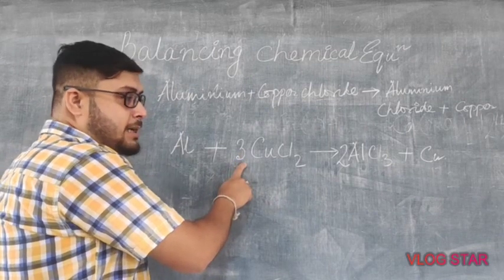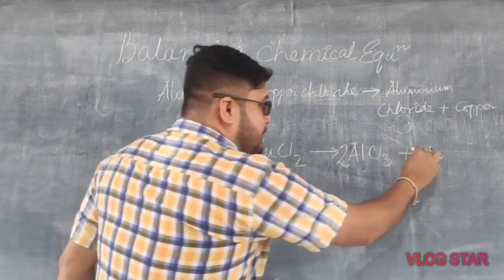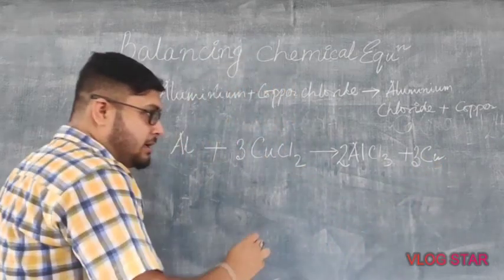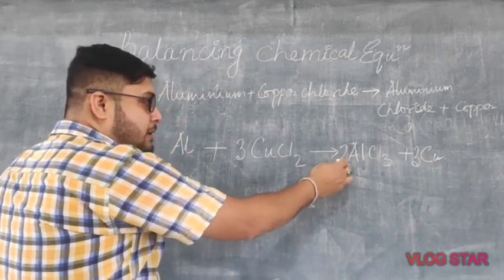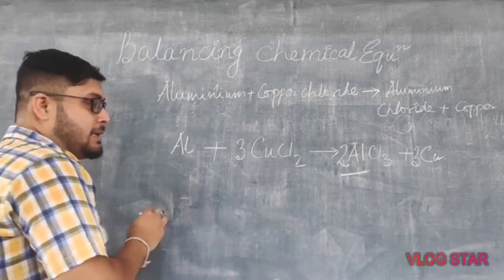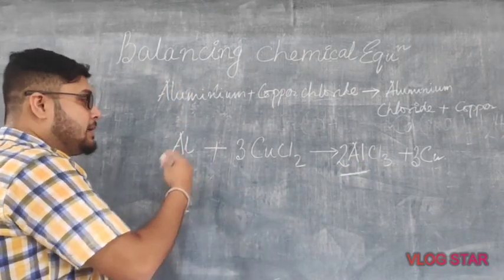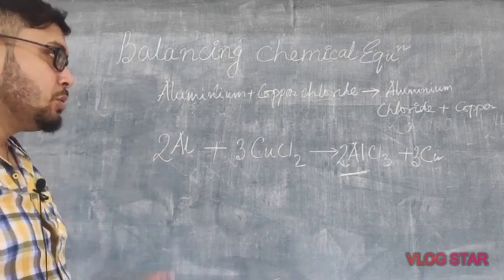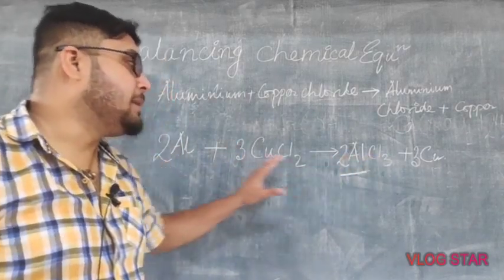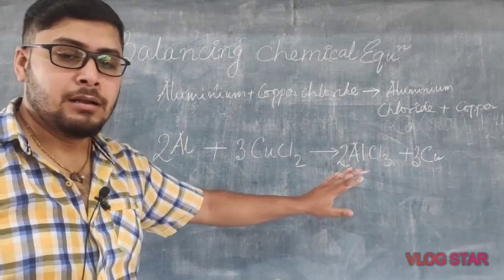So in the reactant side there is 3 Cu, in the product side we will put here 3, it is balanced. Now again if we look here, twice Al in the product side, to balance it in the reactant side we put here 2. So this is a complete balanced chemical equation.